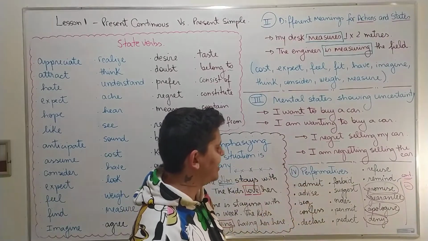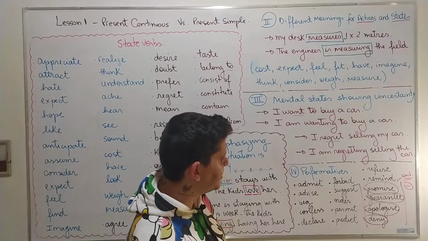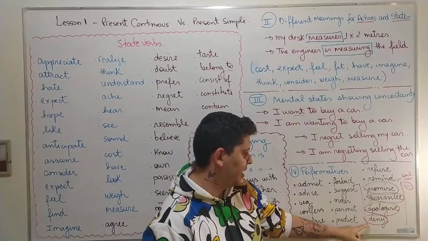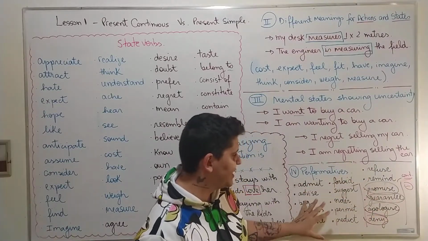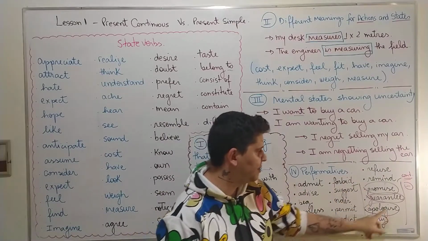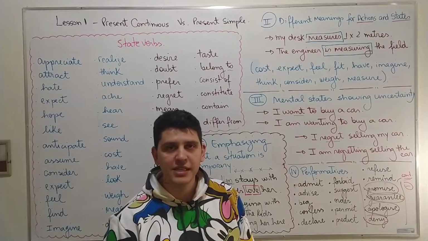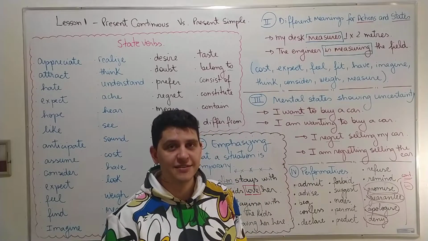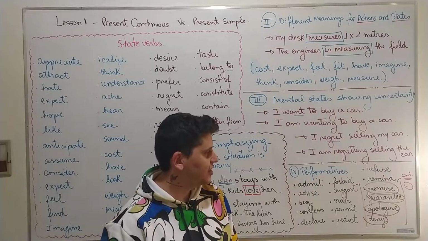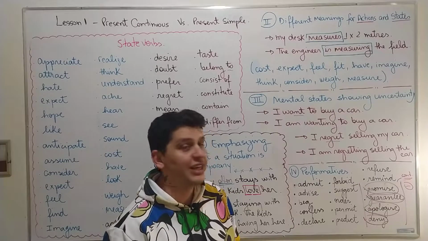And at last, we've studied the performatives, and we've learned that these verbs over here, as performatives, always come in a simple present, but these 4 last ones can be used in a continuous tense when we're dealing with a negative sentence. Okay? I hope you have liked it and I hope you have understood, because that's what really counts.